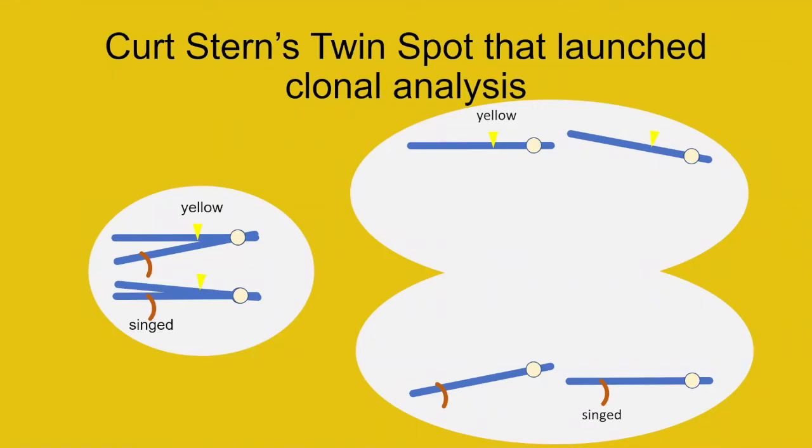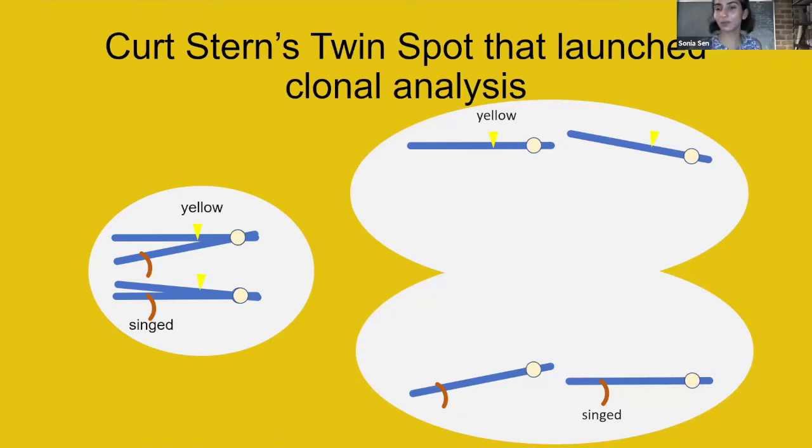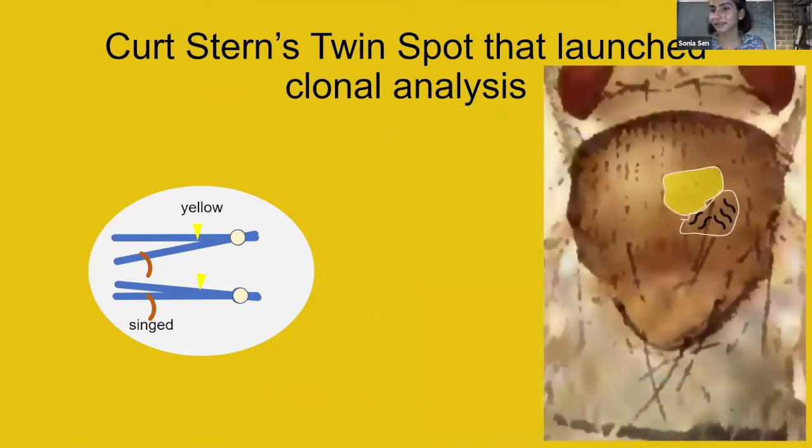So what this would then result in is Curt Stern finding, on that rare occasion, on the thorax of the fly, one patch of cells which were yellow-bodied in an otherwise brown background. These hairs will be wild type, whereas this other patch sitting right next to it had wild type cuticle color, but these singed bristles.